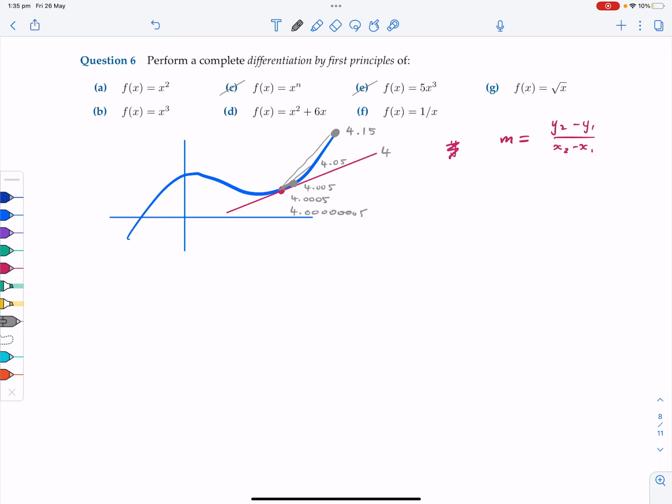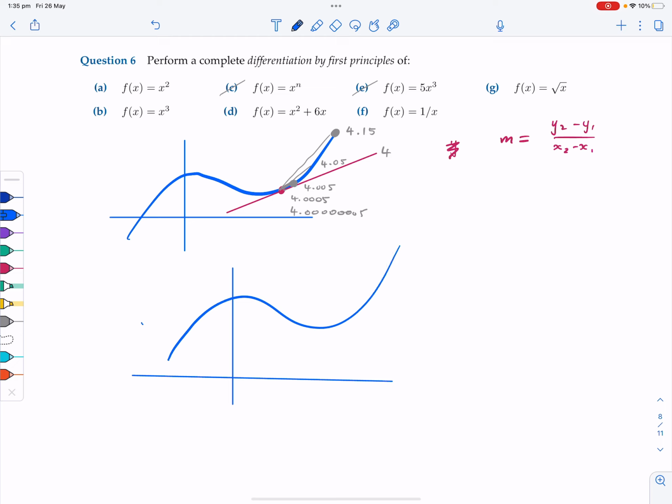Now, that's what we do, but we do it mathematically so that we know that it's approaching 4 and not just in our imagination. Okay, so fresh diagram to start the theory.